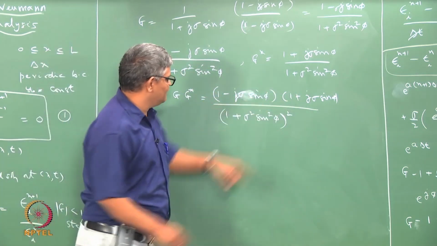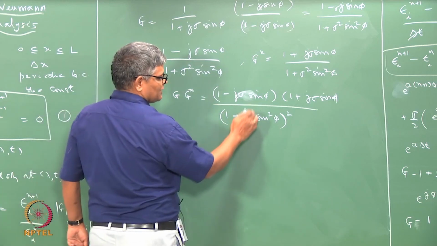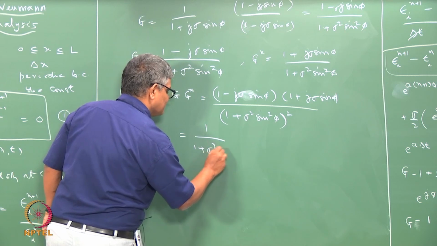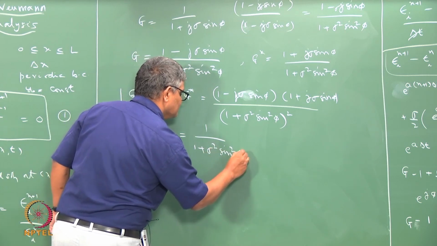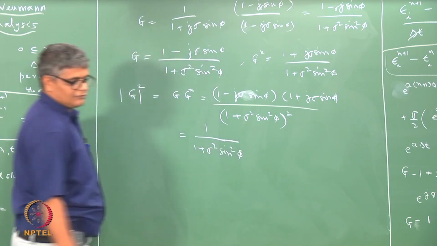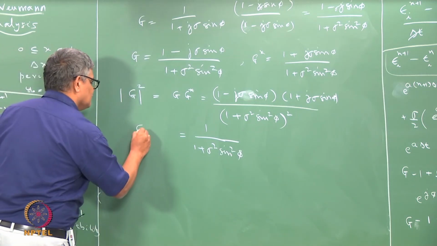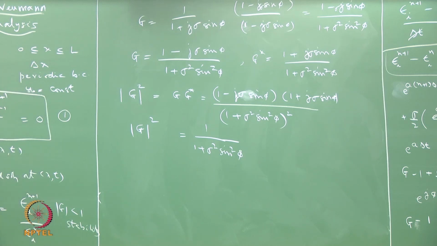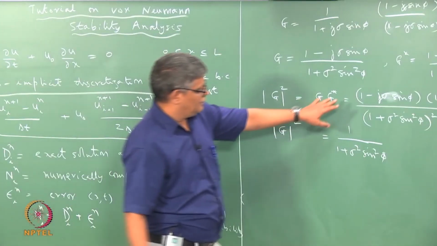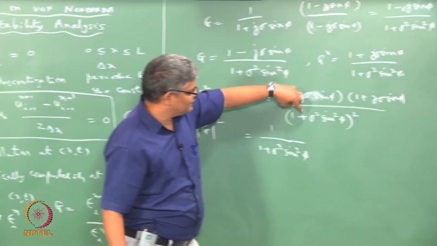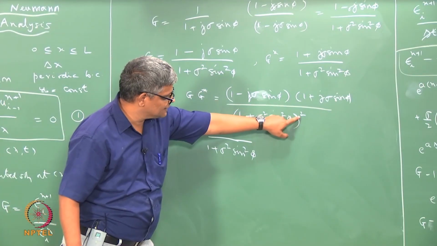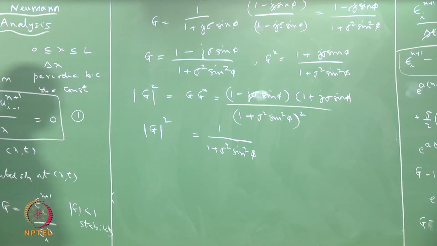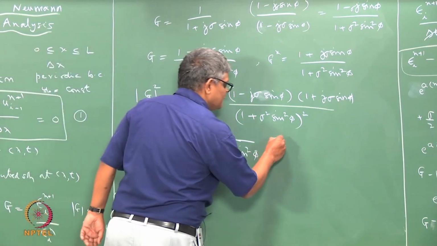This again gives us 1 plus sigma square sin square phi. Okay. So this is the square of the magnitude. The numerator gives us 1 plus sigma square sin square phi, so we cancel with one of these and then we have this. And what we see is that this is always less than 1.